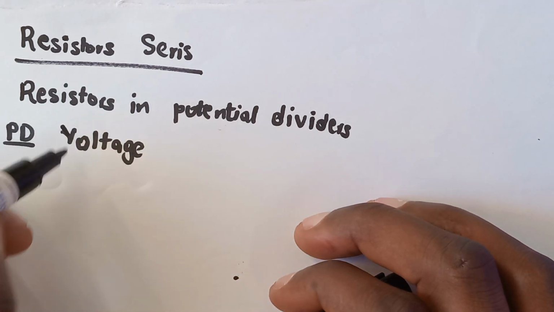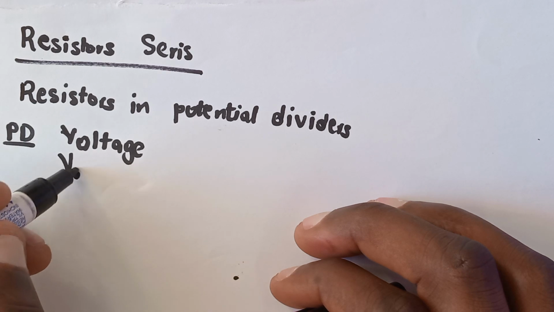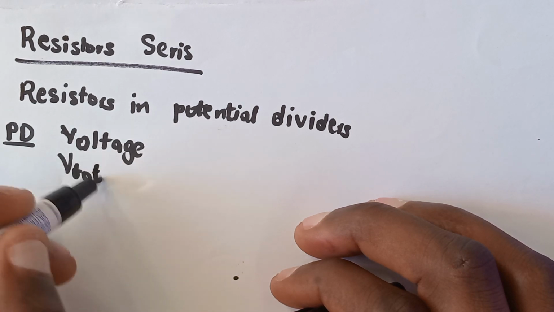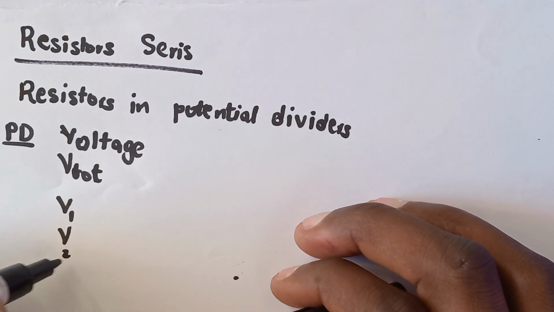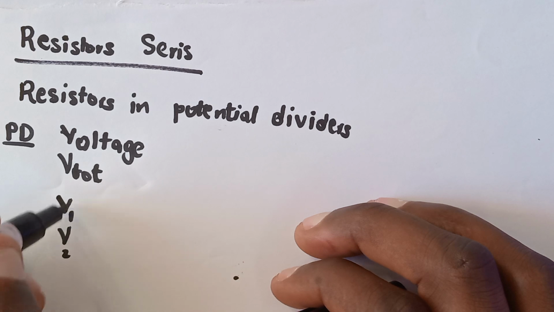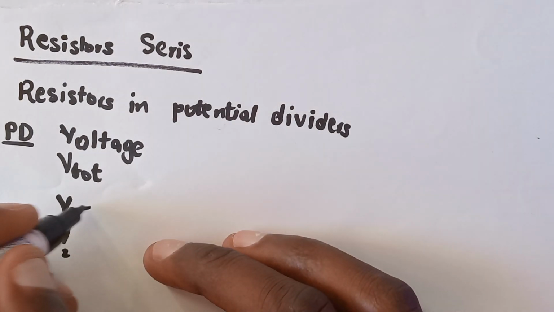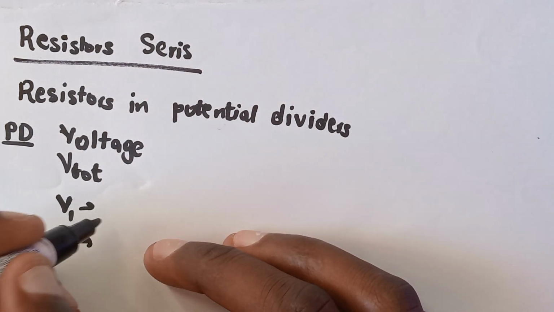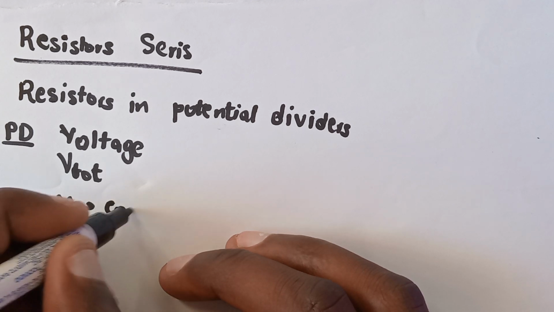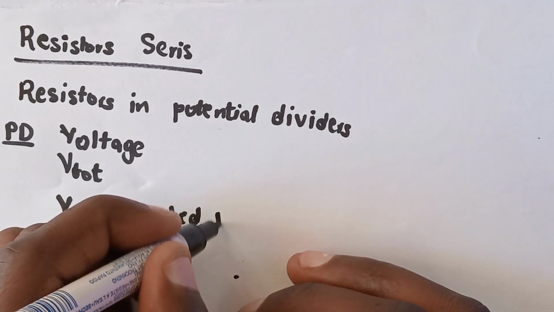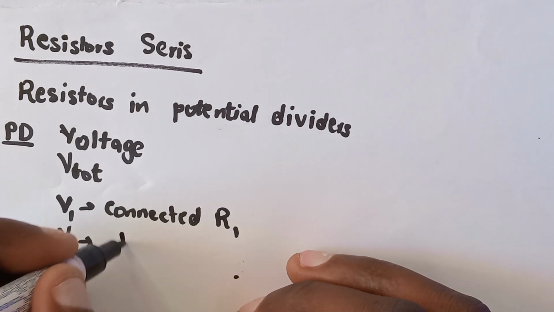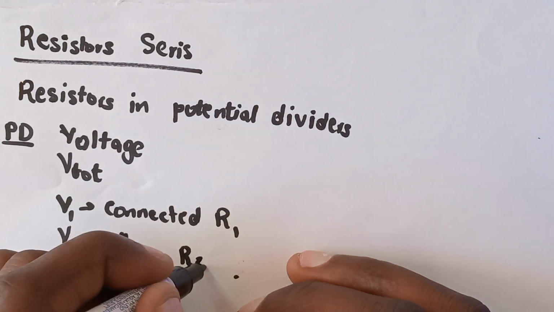In the circuit you have V total, and you may have V1, V2, and V3, and so on. These voltages are across the resistors, resistor 1 and resistor 2.